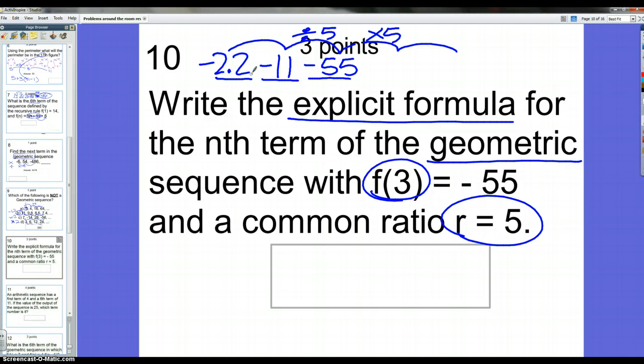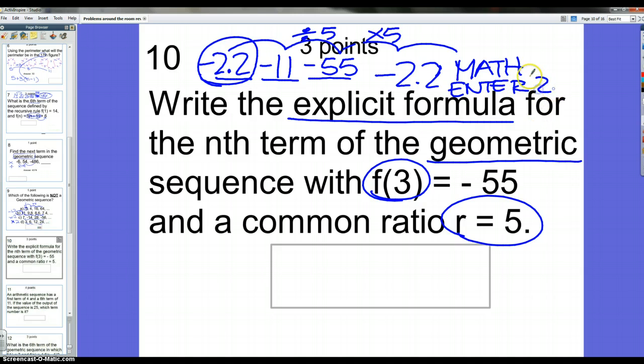I want to make sure that on the test, it's a multiple choice answer, and you need to know how to turn negative 2.2 into a fraction. On this one, you hit math on your calculator, and then you just hit enter twice. That's how you change it into a fraction. And if you do that, the first term is going to be negative 11/5.